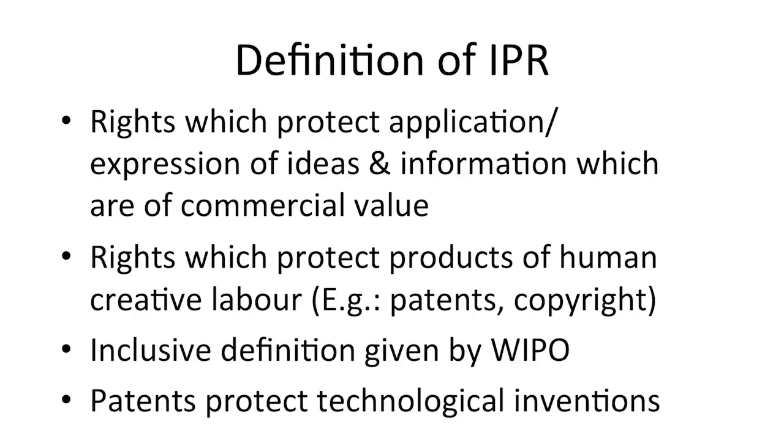But nevertheless, when we put the emphasis on human creative labor, we are referring to the origin of intellectual property, because intellectual property originated through copyrights and patents. Those were the two initial rights that emerged. So there are different types, and each type refers to a different category of products.